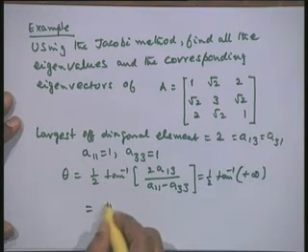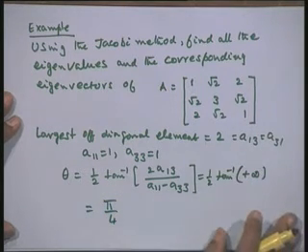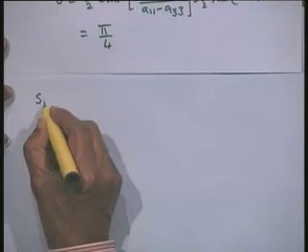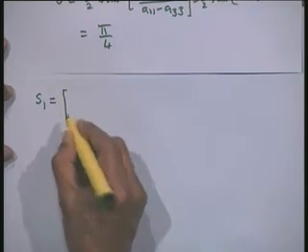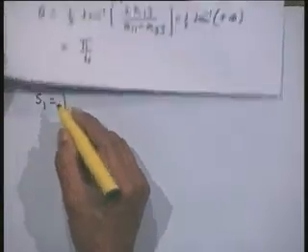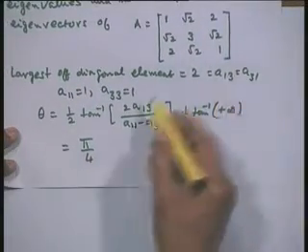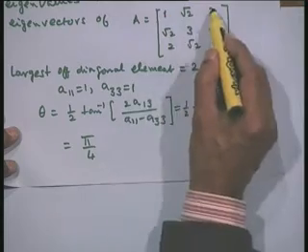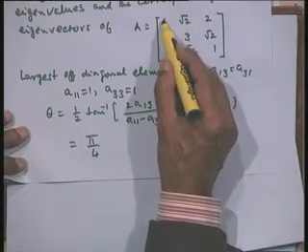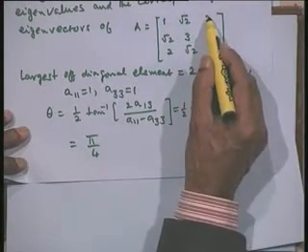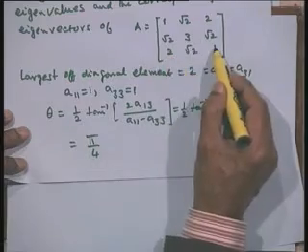Therefore, the value of theta is pi by 4. Now, I will write down the rotation matrix, the first matrix S1. S1 will be the identity matrix, except for the elements corresponding to these 4 elements. Therefore, cos theta will come here, minus sin theta here, sin theta here and cos theta here.